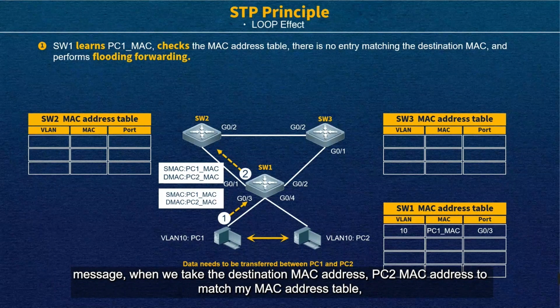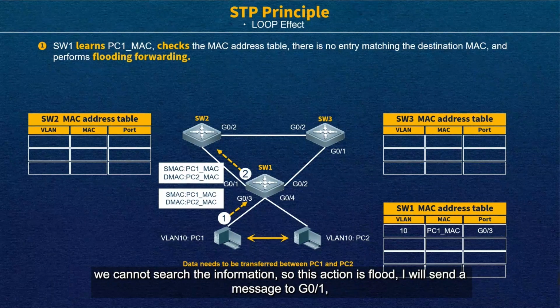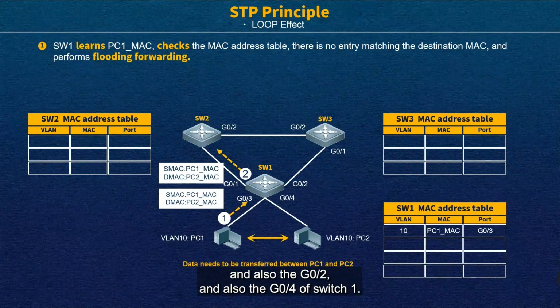When we take the destination MAC address, PC2's MAC address, to match my MAC address table, we cannot find the information. So this action is flood. I will send a message to gigabit 0/1 and also 0/2 and also the fourth interface of switch 1.